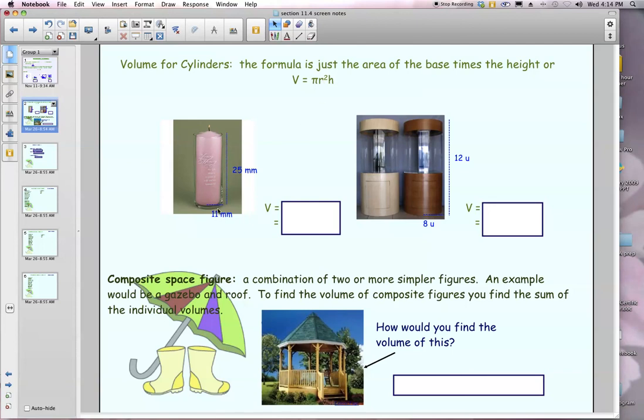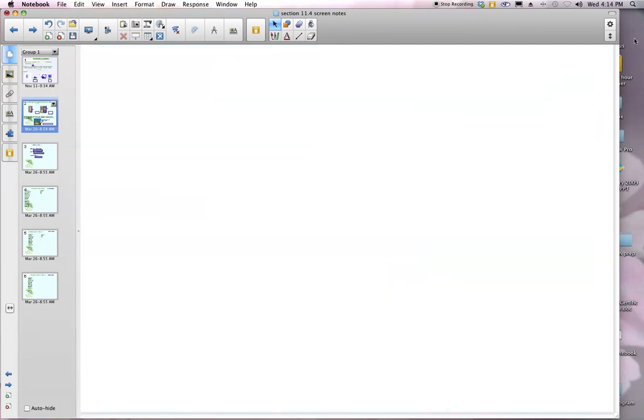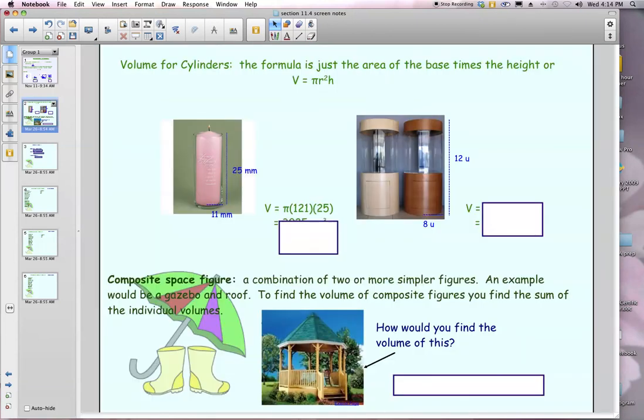So in this case, we would take pi times 11 squared, which is 121, times our height, which is 25. We would get 3,025 pi cubed units, or you could multiply them out and get the rounded answer if you wanted.